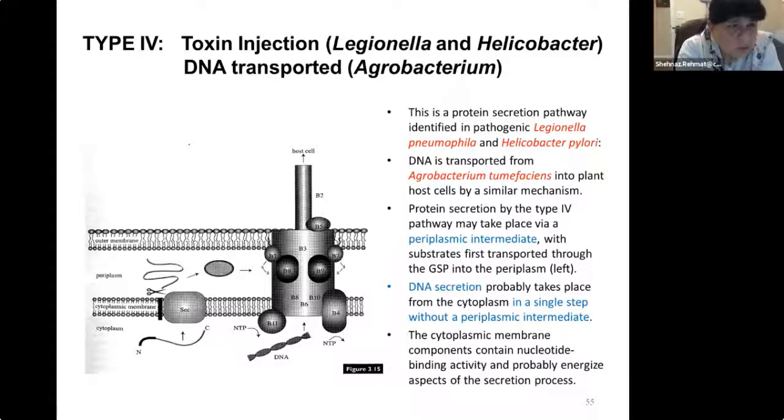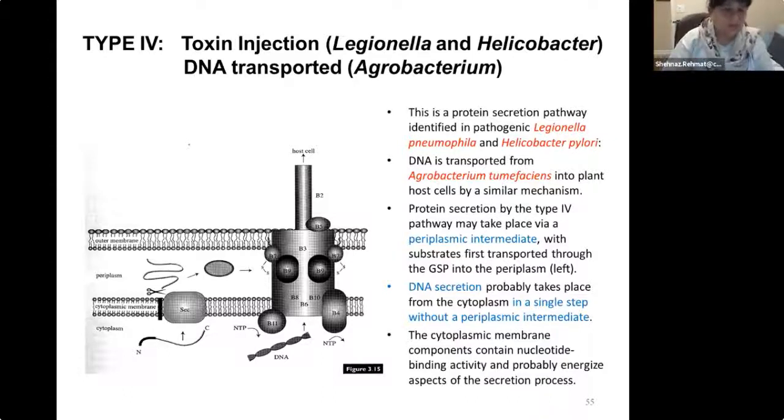These two, Legionella and Helicobacter, transfer their toxins through this injection system, whilst in the Agrobacterium example, Agrobacterium tumefaciens, which we will look at, the DNA is transported from the bacterium into the plant.